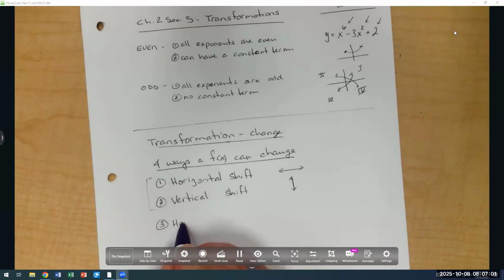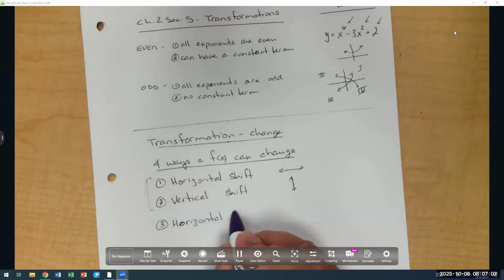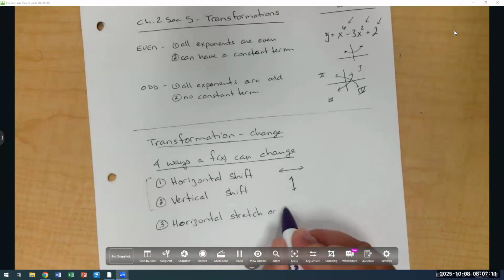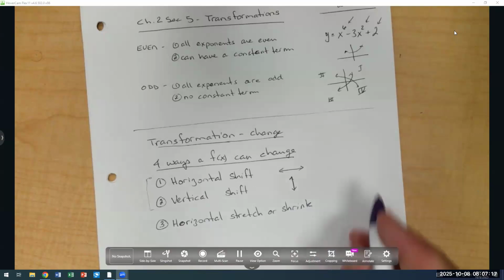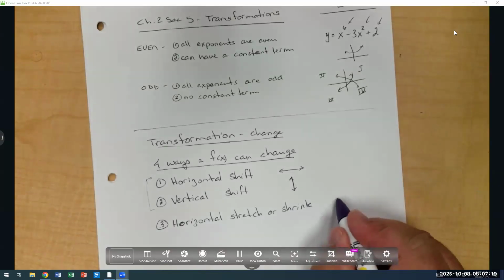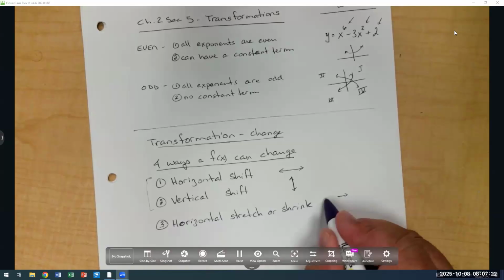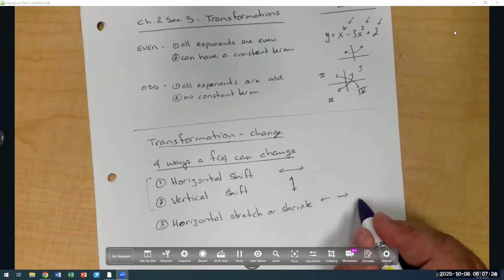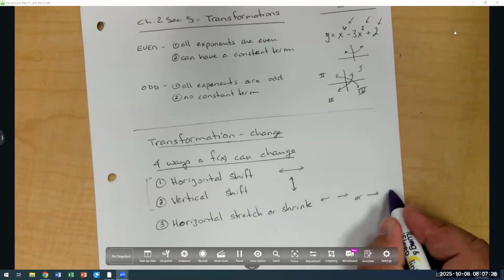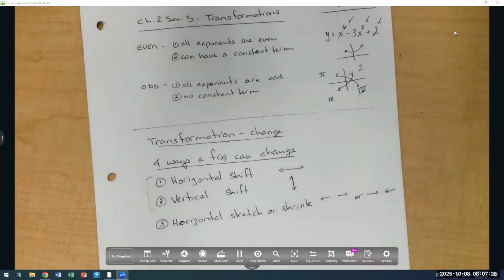Next, we can have a horizontal stretch or shrink. That means the graph itself can become wider or it can become narrower.